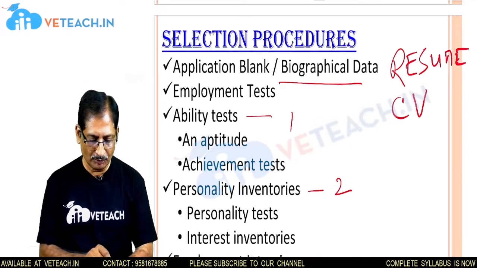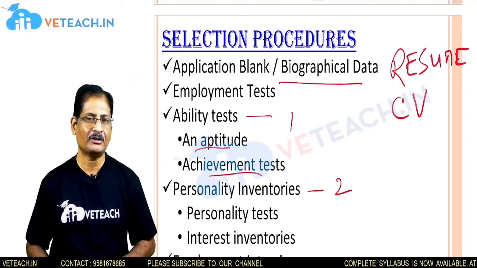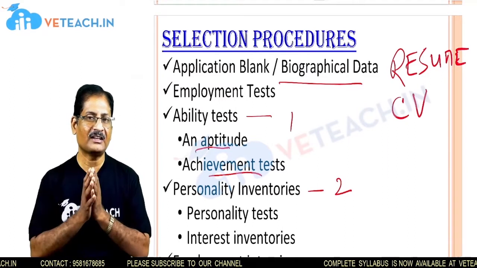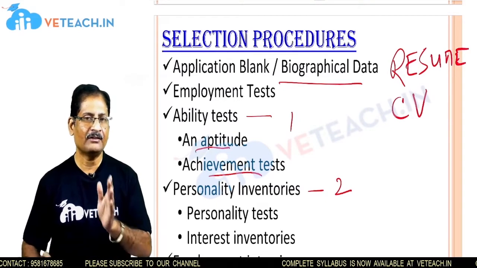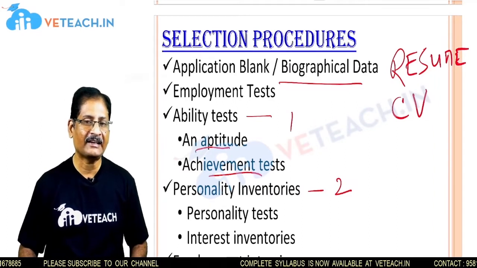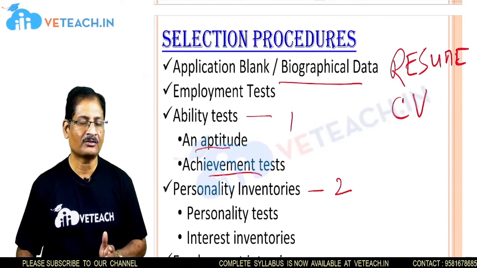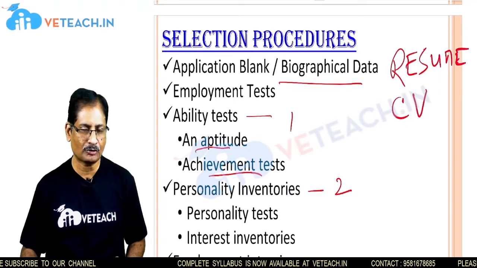That will be understood through an aptitude test or the achievement test. The aptitude test talks more about the logical reasoning as well as the logical attitude of the person. Suppose a situation is given, how fast and how speedily he reacts to the given situation, with a calculative, computing approach. That will be understood through the aptitude test.